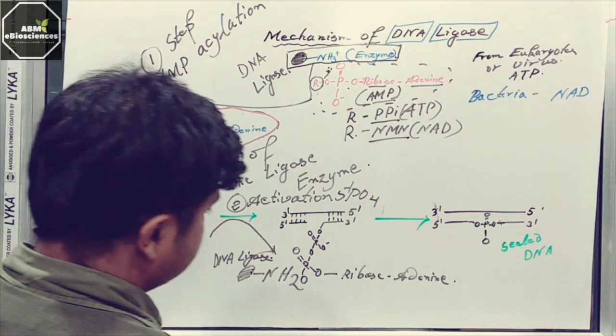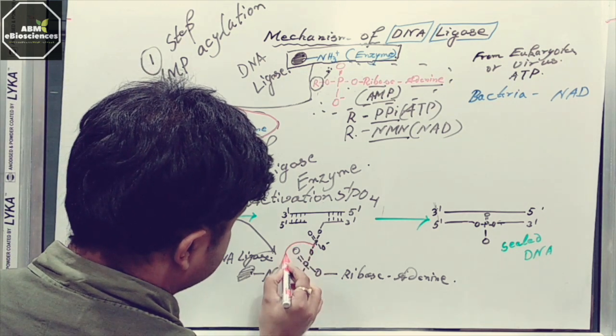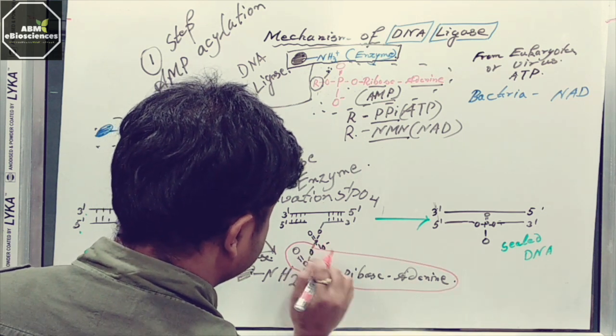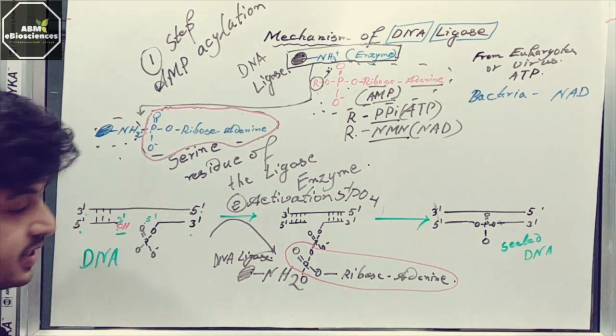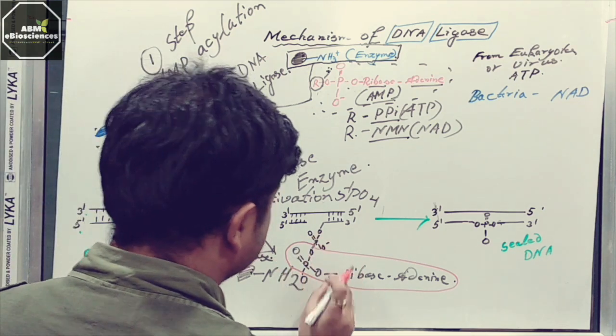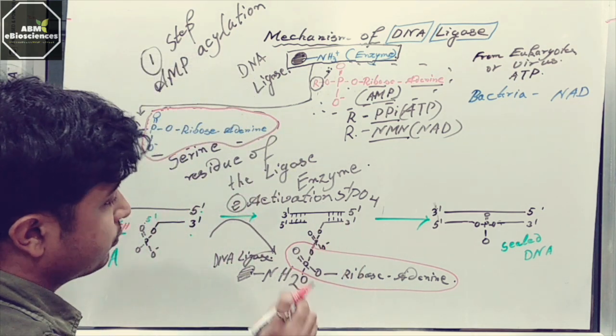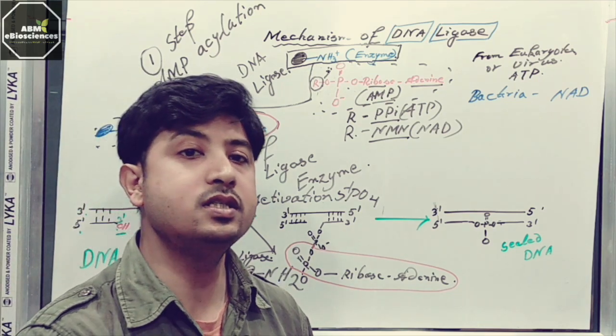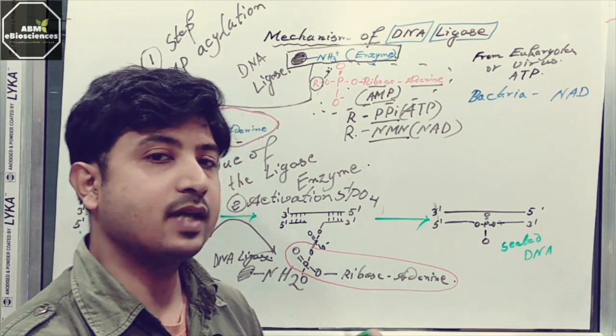The nick is present, not sealed yet. Now the 5' phosphate is activated with the addition of AMP that is transferred from the enzyme, and the enzyme is out.